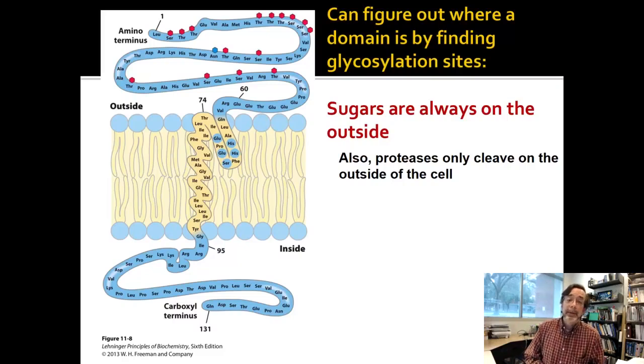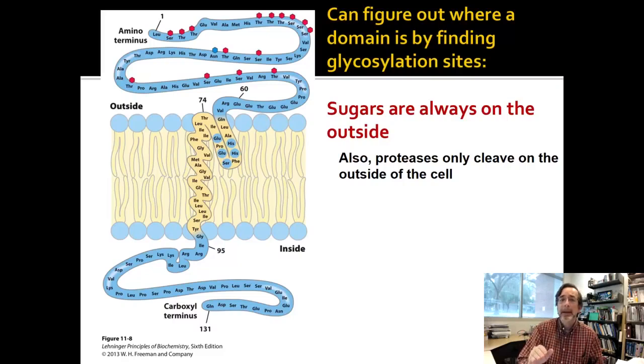For example, you can apply a protease to a cell protein and then purify that protein and run the gel, and you can see where the protease cleaved the protein. The protease can only reach the outside, and that can tell you which part of the protein is outside as opposed to inside. You can also look at the sequence, look for glycosylation sites.